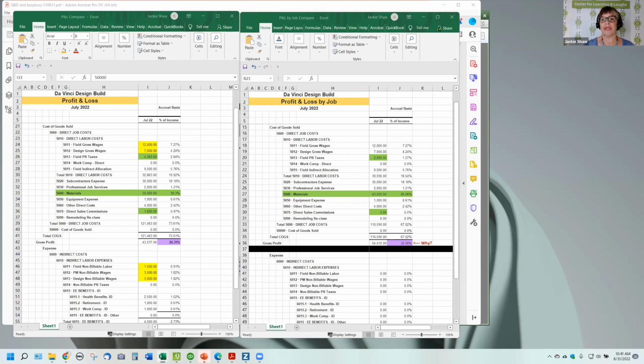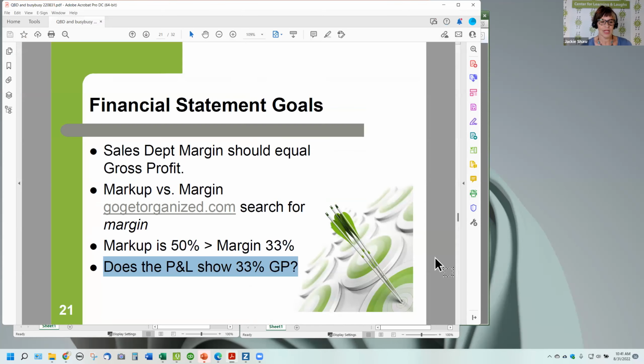If you can get your P&L and P&L by job to match every month and watch it, make sure that you understand, and this gets beyond the bookkeeper, project managers and owners need to understand if it's not 33%, why. And when it comes to the why, they're going to ask the bookkeeper, and the bookkeeper needs to be able to show in QuickBooks where the slippage and grippage is coming from, ideally. Make sense?